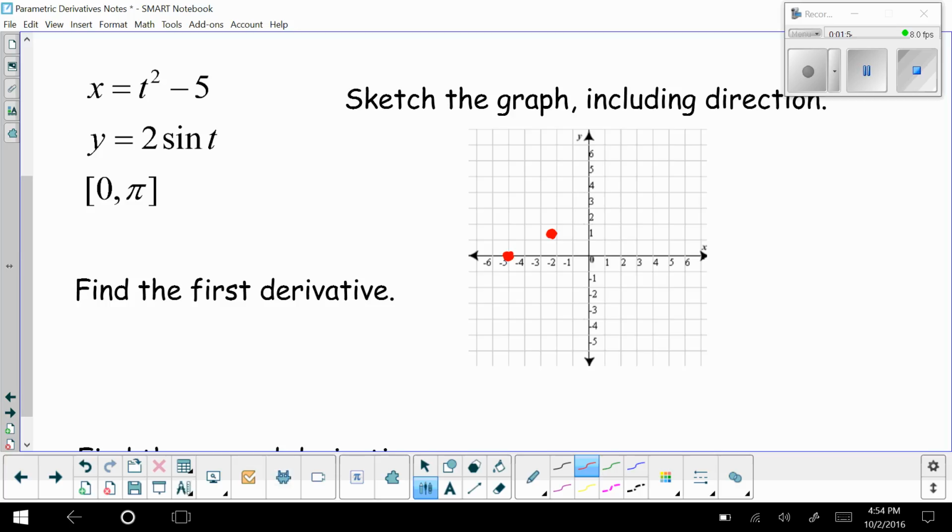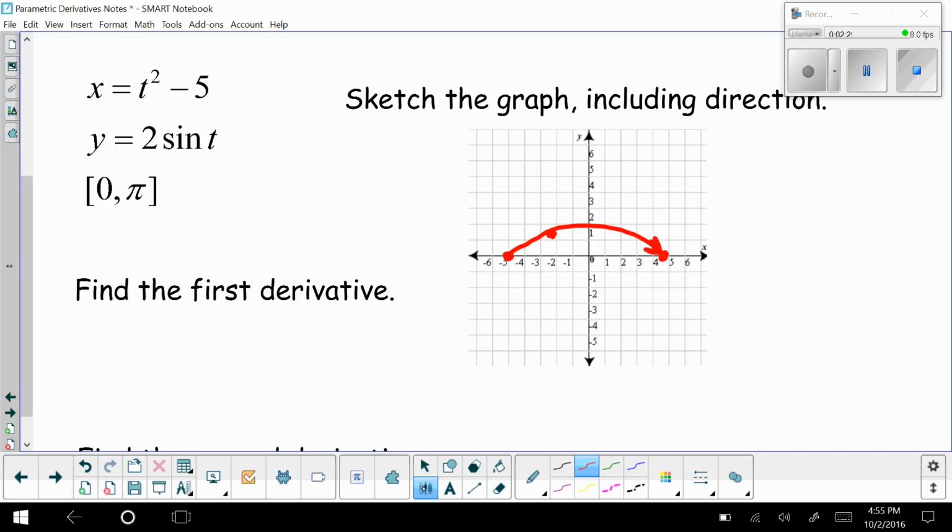At pi, which is about 3.14, squaring that is a little under 10, about 9.9, minus 5 would be about a little bit less than 5, and then y would be 0. So what I get is starting here, I would move here.